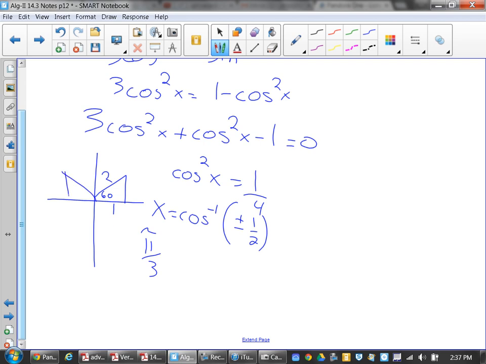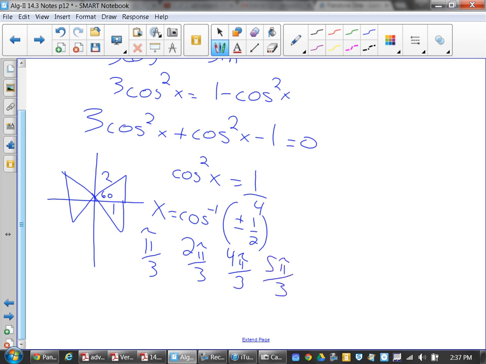Now this is looking for plus minus, and it's saying within 1 revolution. So do I tack on n's, or do I list them all? List them. So reference angle pi over 3 gives me 2 pi over 3, 4 pi over 3, 5 pi over 3.